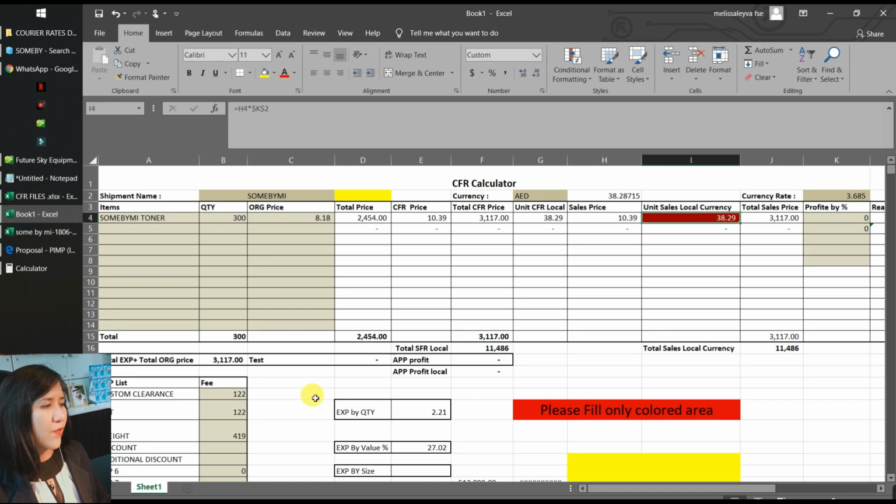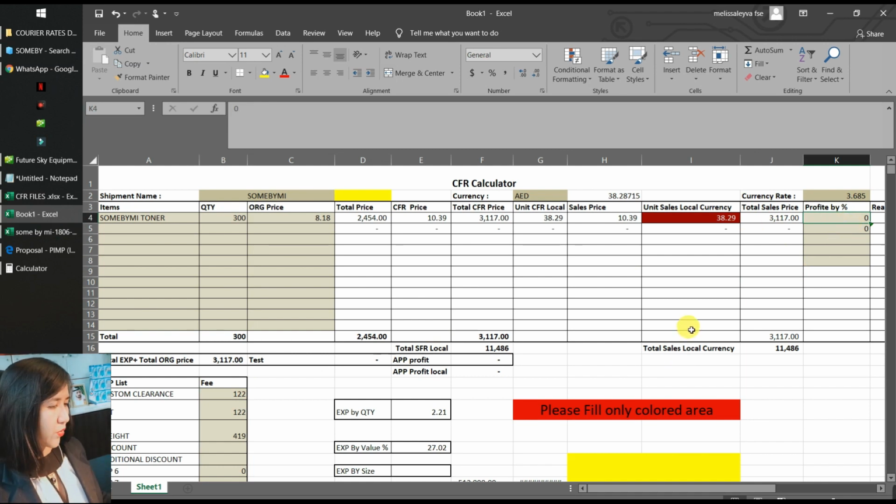Now, with all these charges or expenses that you are spending for this shipment, the cost of your item now is 38.29, given that you don't put any profit on it.